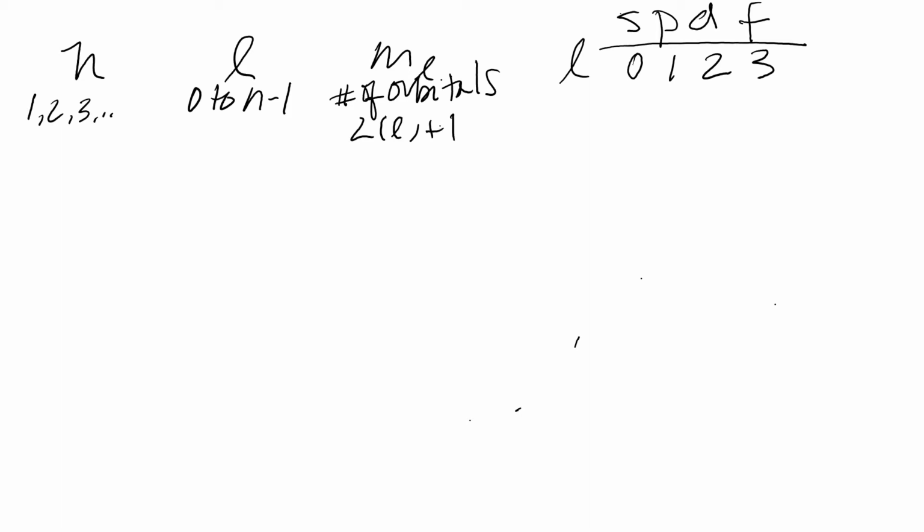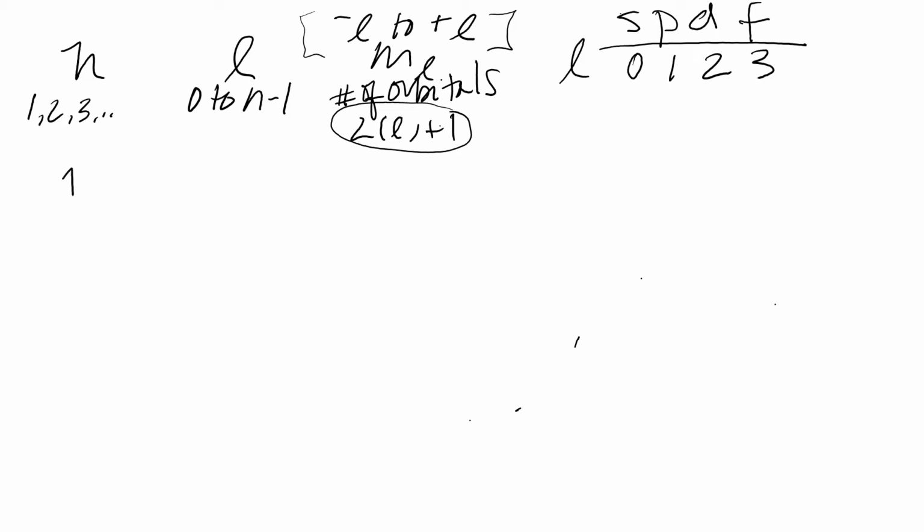But also, m sub l values range from minus l to plus l. So if we want to know the number of orbitals, we can use this equation, but the range of values for m sub l is given by this, okay?